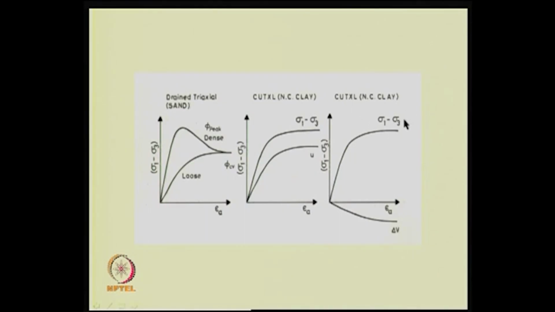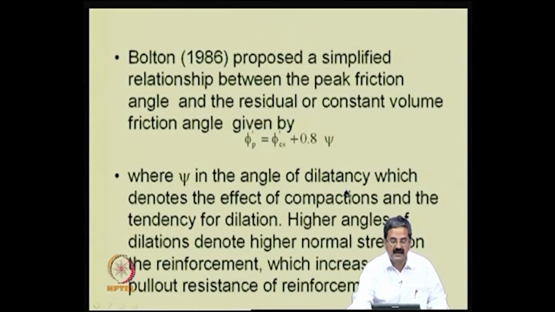Okay. These are typical stress strain responses that one should understand, and one should get these effective stress parameters from triaxial testing only. Why I am saying this is that in a direct shear test we can't measure effective stresses. If there is a provision for measuring effective stresses in a direct shear box, it is fine, but conventionally we use triaxial testing, right.